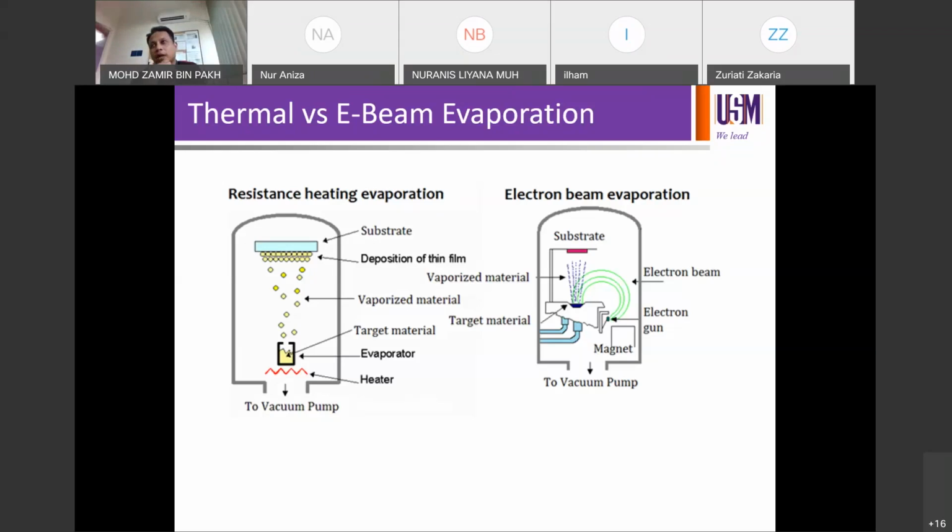We won't have much problem with line of sight deposition if you do your deposition on a planar substrate, right? For example, say this is your substrate, your silicon wafer. You want to e-beam evaporate ITO, for example. So ITO will be coming from here.